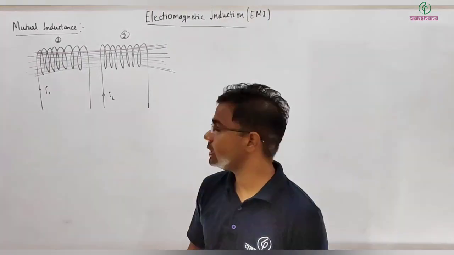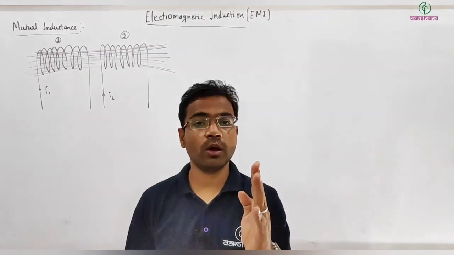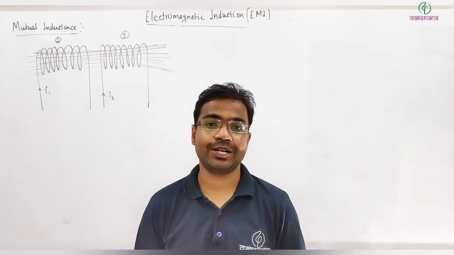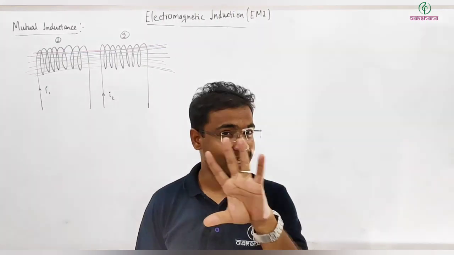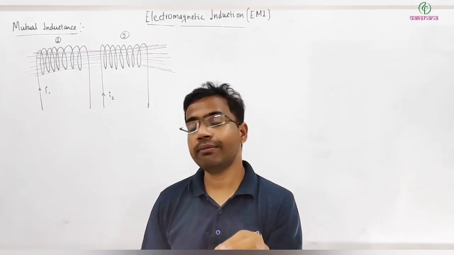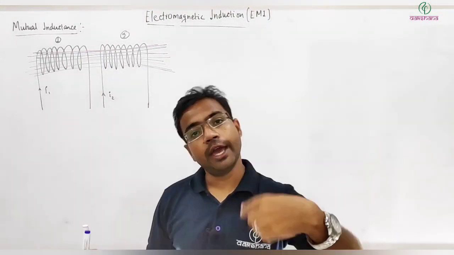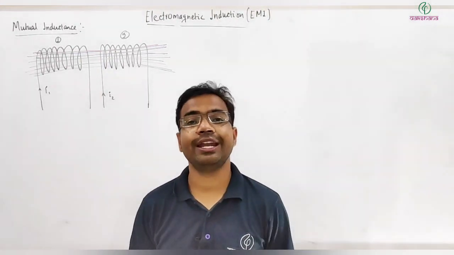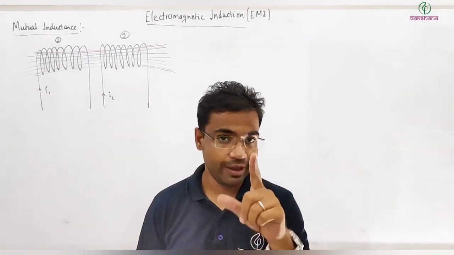So here we can see the flux linked in one coil depends on the current in another coil. Understanding? This is the flux due to the other coil only. Here the total flux will have its own contribution, and another is flux due to the next coil also. Getting it?